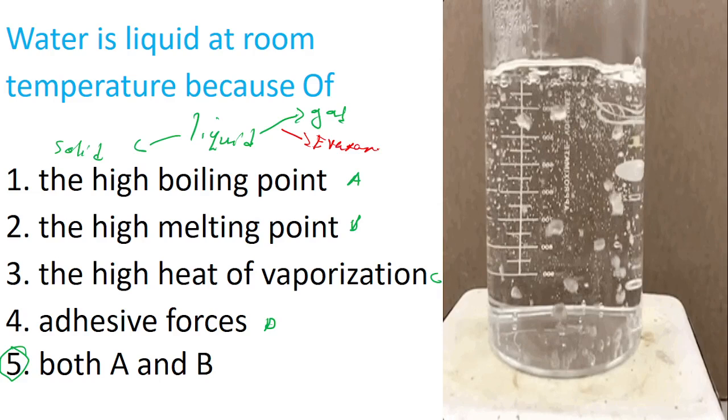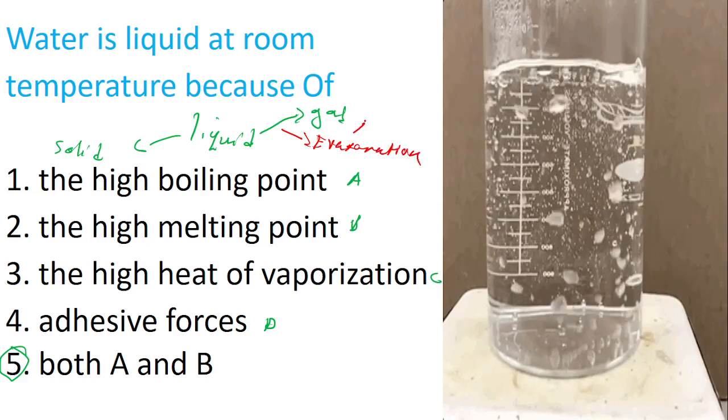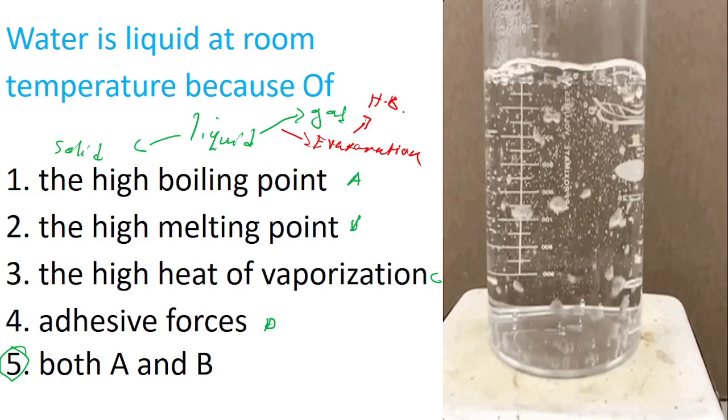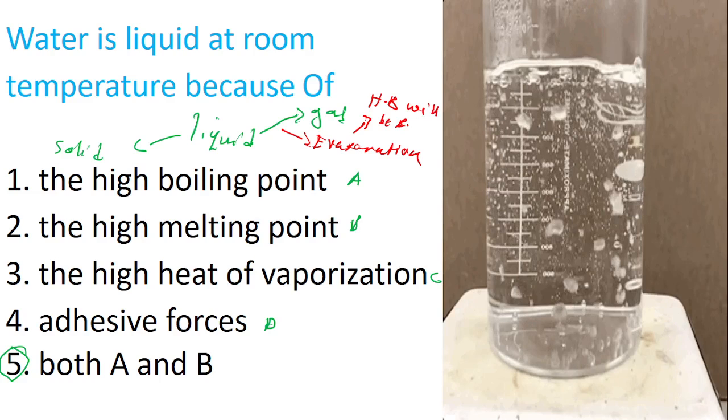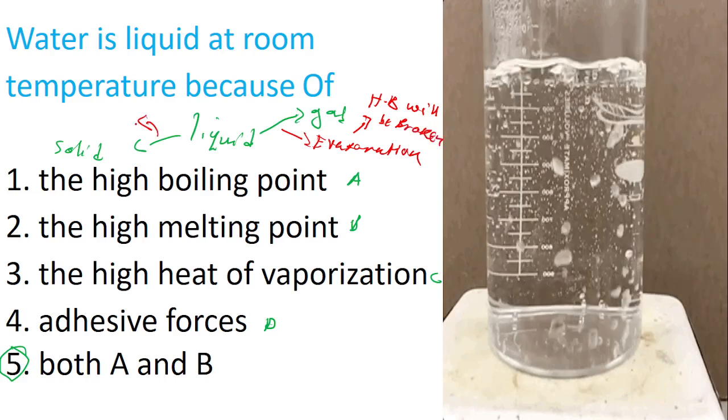And during evaporation, you need to understand that the HB will be broken. Okay. And then the other thing that you need to understand, that for water to go from liquids to solids, that's known as melting.